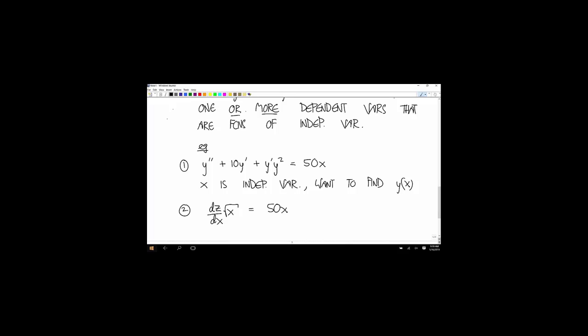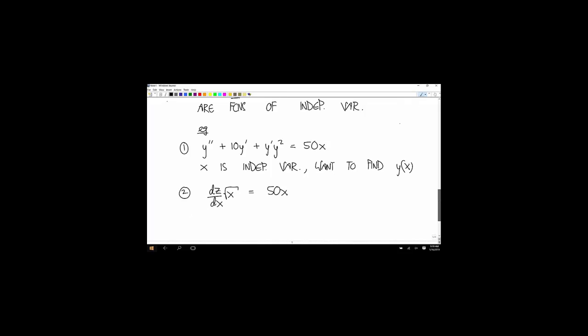That's what that notation means. And so what are we trying to do when we solve this equation? We know that x is the independent variable, and we want to find z of x.